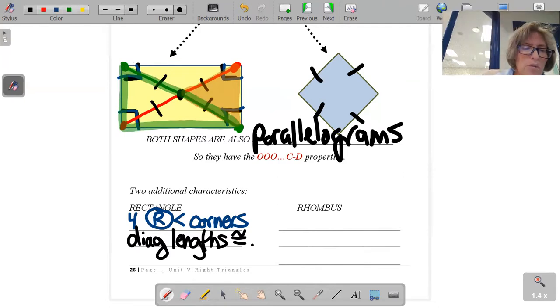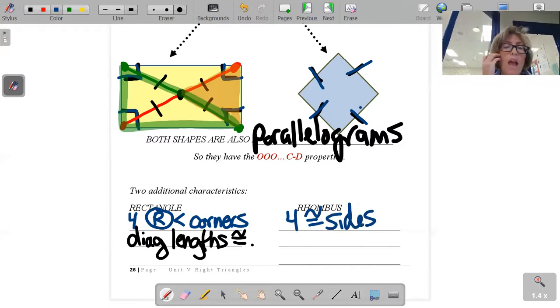In a rhombus, what makes a rhombus unique? 1, you have 4 congruent sides. And not only that, the diagonals are not equal lengths. One's longer than the other, but the diagonals are perpendicular to each other.